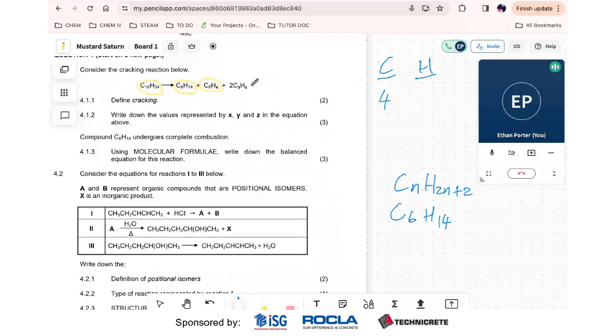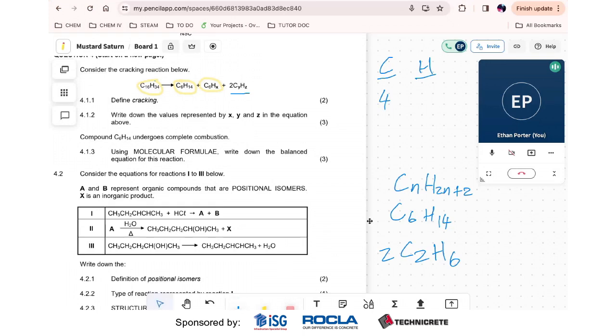That means this last molecule, Y, should be 4, so 2C4H6, if we assume it's an alkane as well. Let's do the math: H14 plus 14 is 28, plus 12 gives us 40 hydrogens, which is wrong because we only have 34 in the starting molecule.